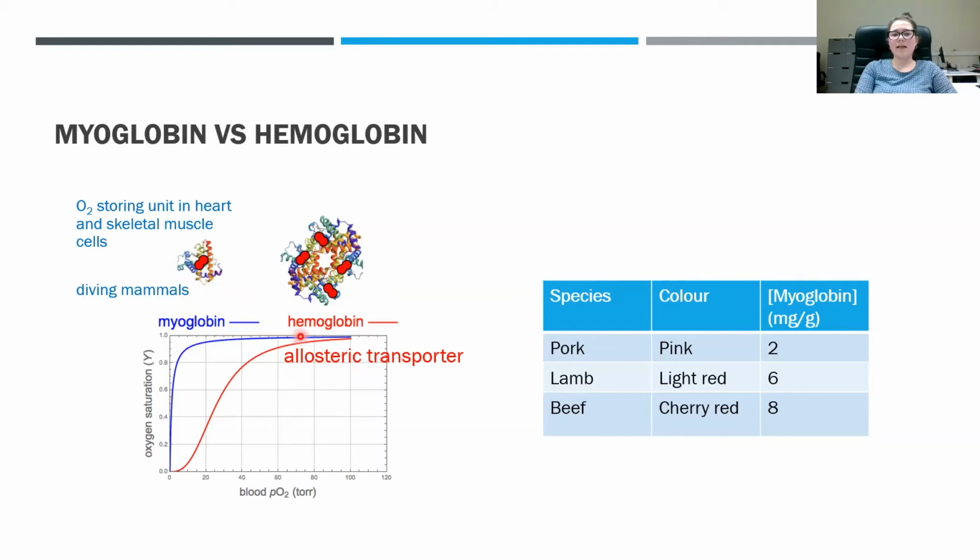And this is why hemoglobin is a much better oxygen transporter. And an interesting thing is, from the myoglobin concentration in meat, you can get the color of meat. You can see why you have different colors of different kinds of meat.